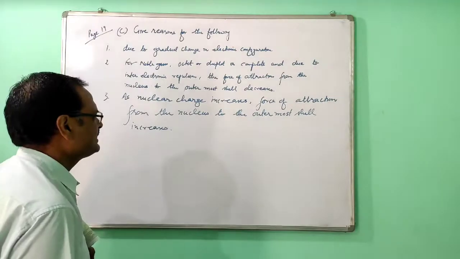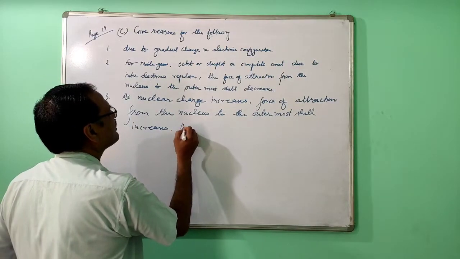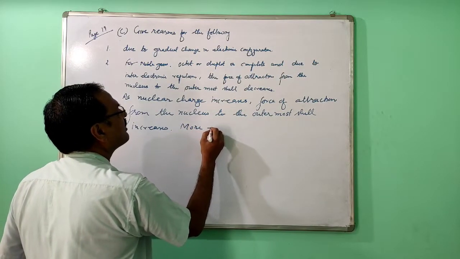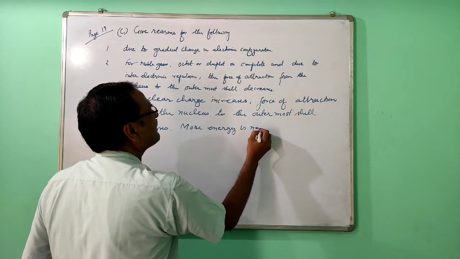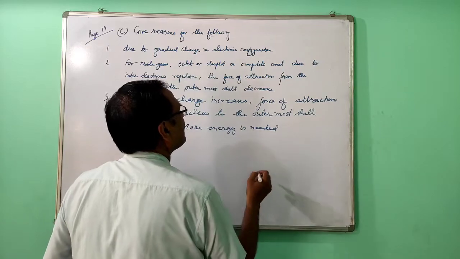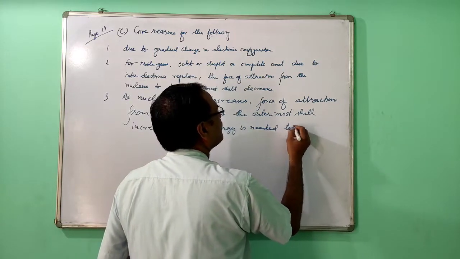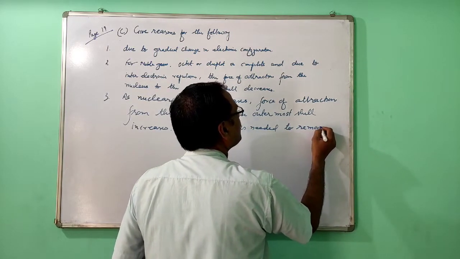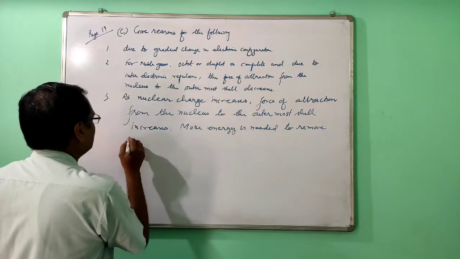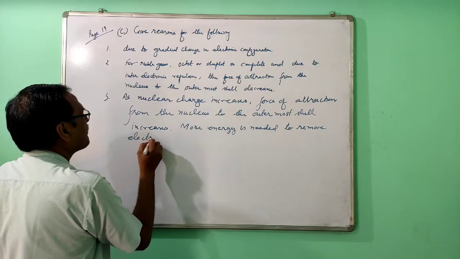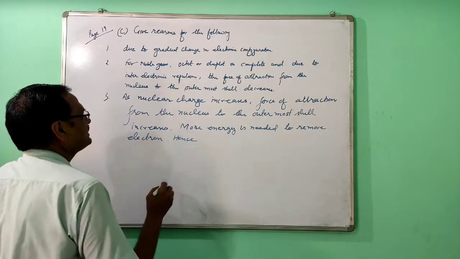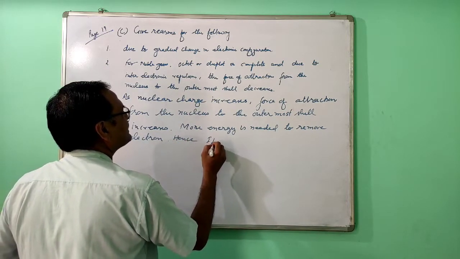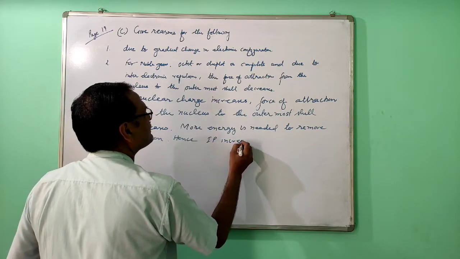So more energy is needed to remove the electron. Hence ionization potential increases.